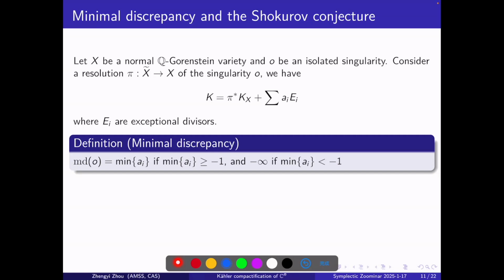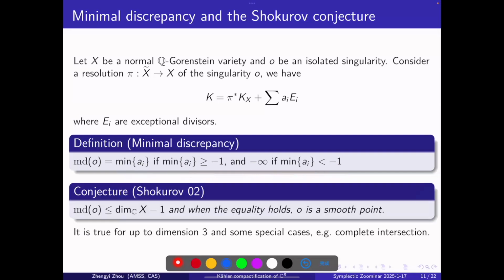So if you just find one resolution and you compute it, find it bigger than or equal to -1, then it's actually independent of the resolution. But if you find some resolution with some a_i smaller than -1, you can keep doing blow ups to make it smaller. That's why we define it to be minus infinity. Okay, and the Shokurov conjecture is a conjecture in birational geometry.